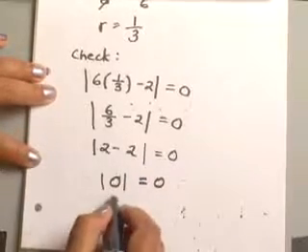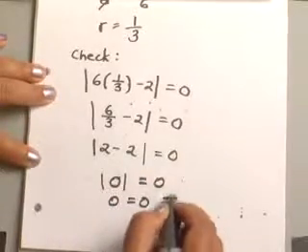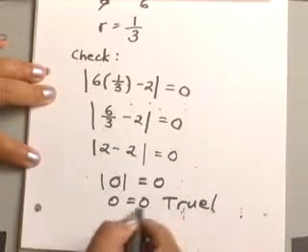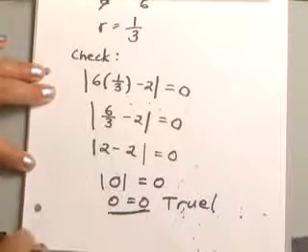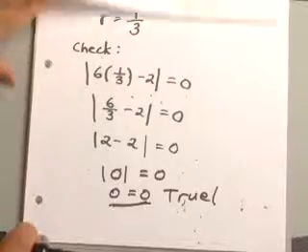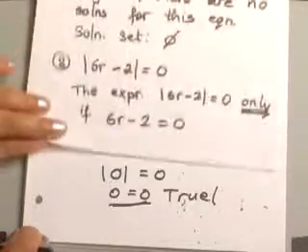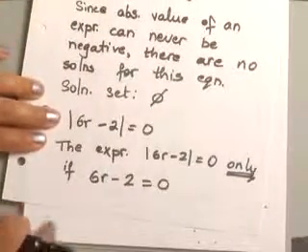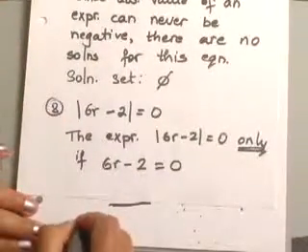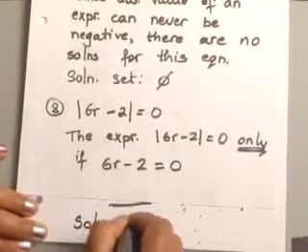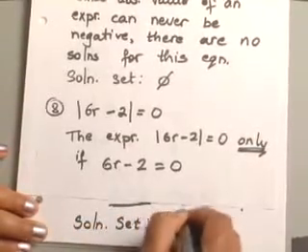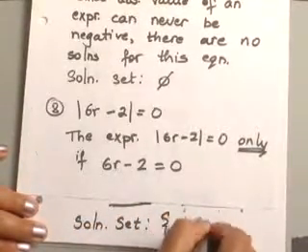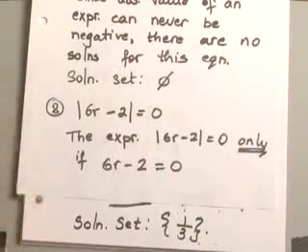And as we know, the absolute value of 0 is 0, so we end up with a true statement. That tells us that the solution set for this absolute value problem will be just the one number, 1/3.